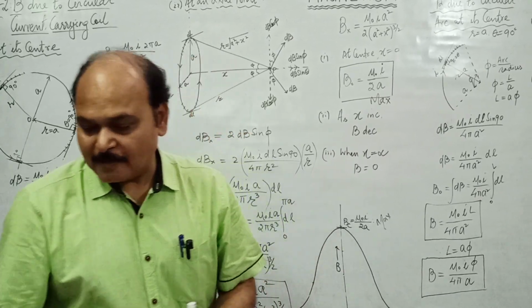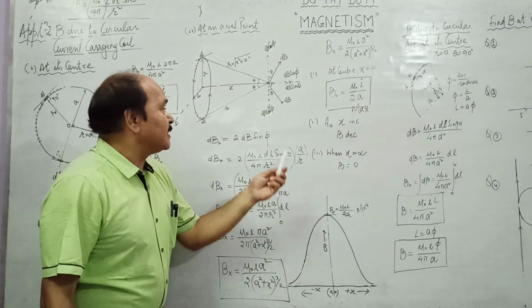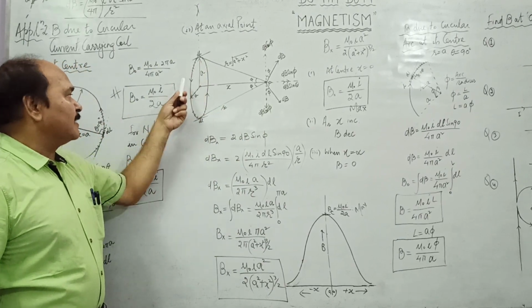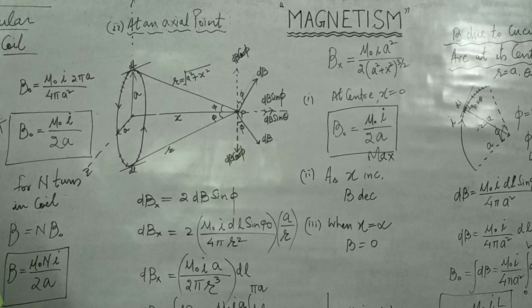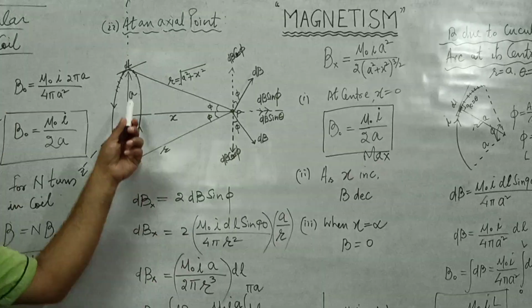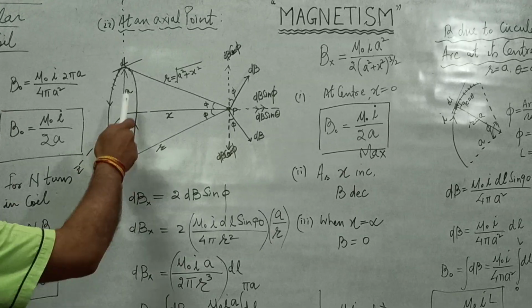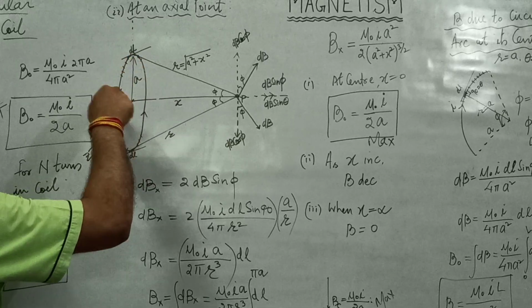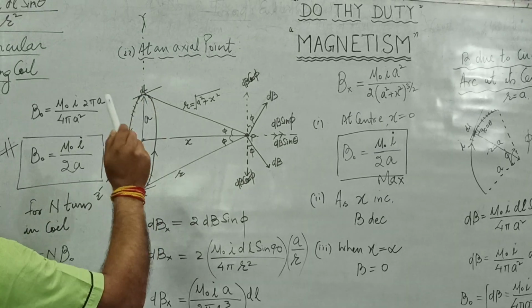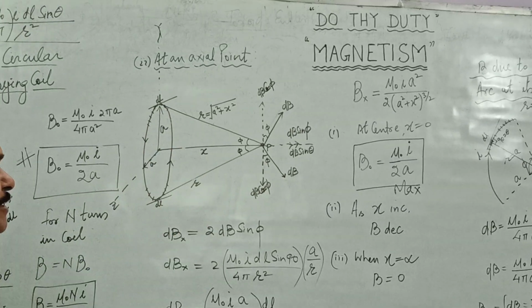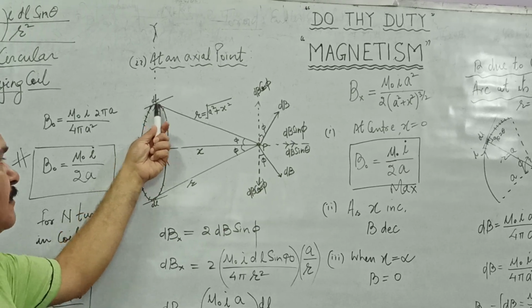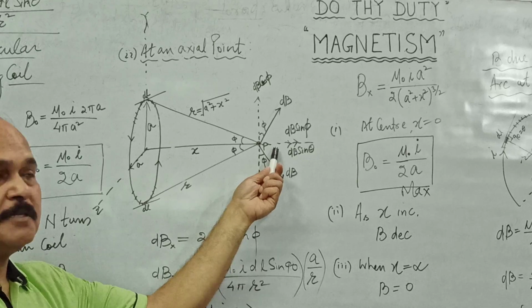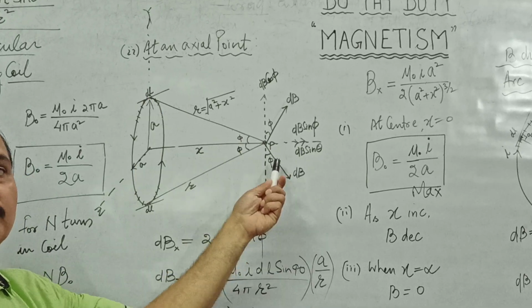So as usual, we have to divide this current carrying conductor into an infinite number of infinitesimally small current carrying elements of length dl each. So we do the same. Let us take one arbitrary dl here at the top, and if we join this dl with the point over the axis, we get R of Biot-Savart law.